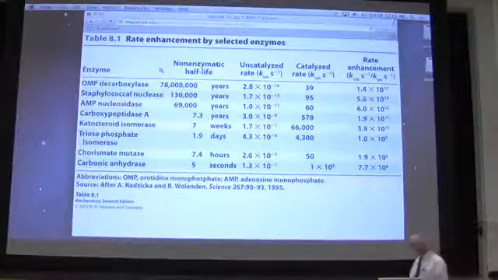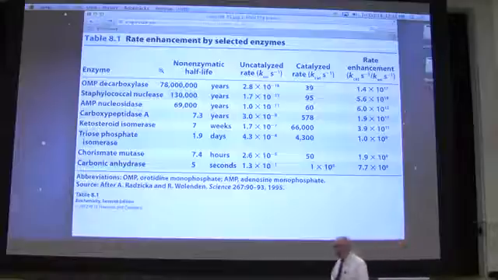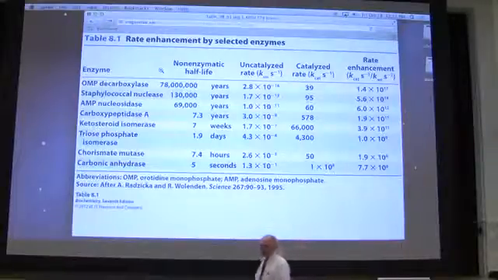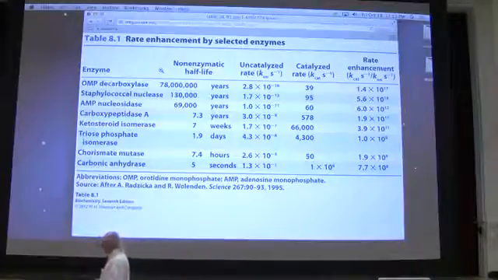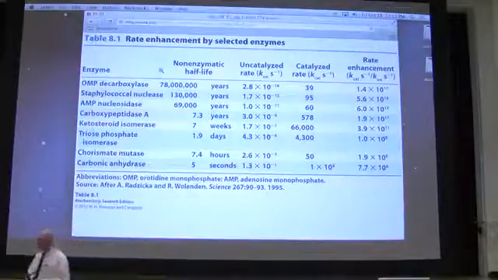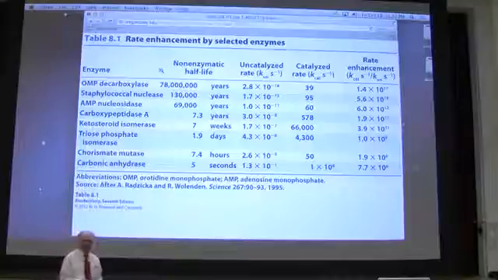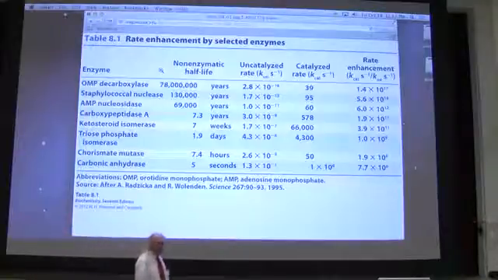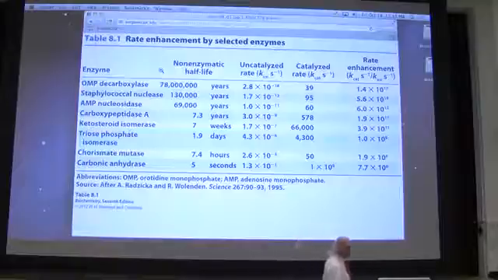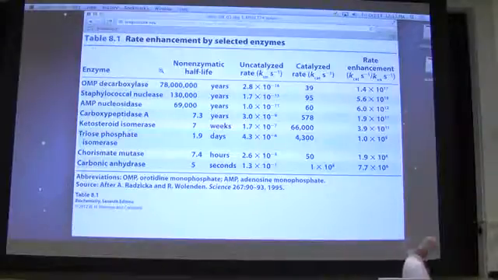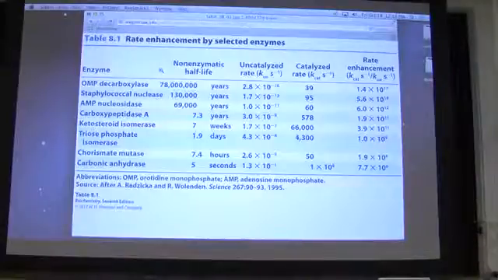That is 140 quadrillion times faster. Okay? A chemical catalyst like platinum is pretty good if it speeds things up 100 to 1,000-fold. And here's something that's speeding up something 140 quadrillion times faster than the same reaction in the absence of the enzyme. That's pretty hard to get your head around.